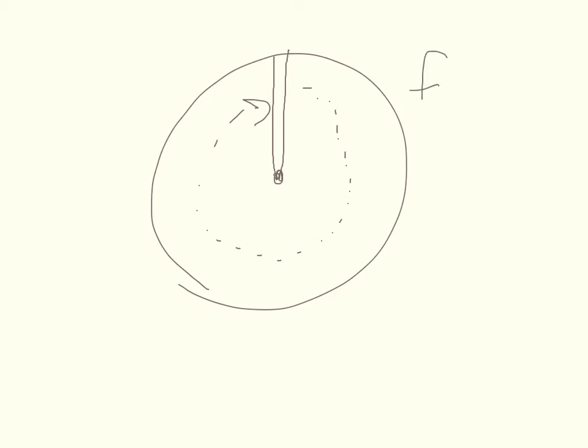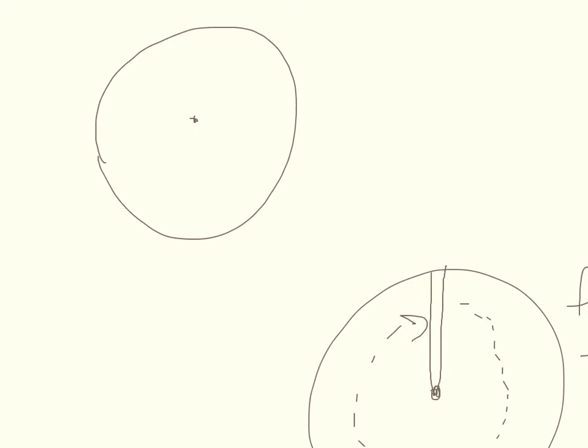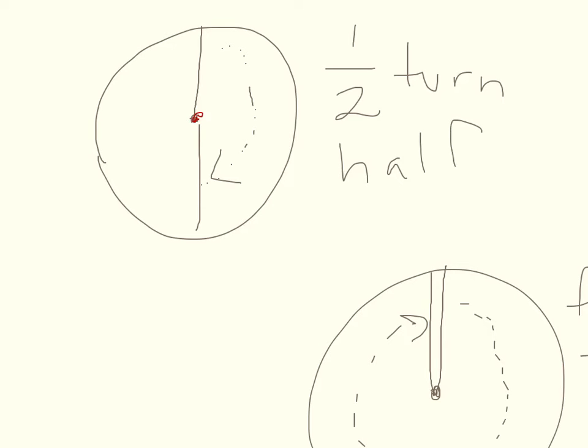That's what you would call a full turn. Okay, all the way. Now imagine that the straw folds at the vertex. If I asked you to do a half turn, the half turn would go just to here. That's what we would say is a half turn. Halfway around the clock.